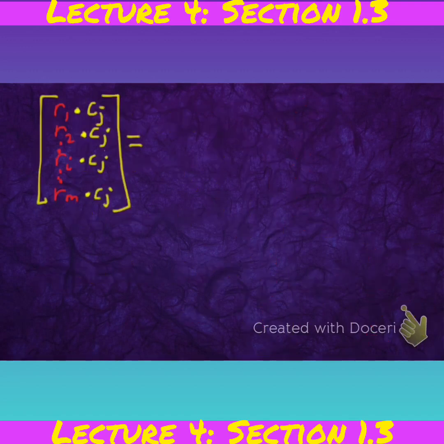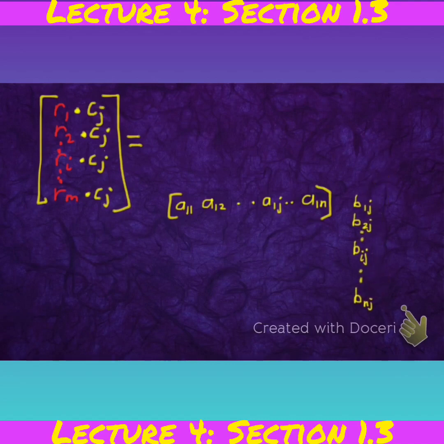Now let's look at the dot product R1 dot Cj. You take the first row of A and dot it with the jth column of B, which is basically Cj, the whole column.